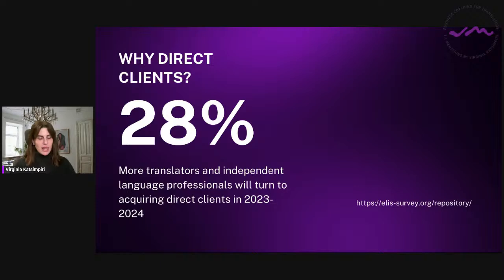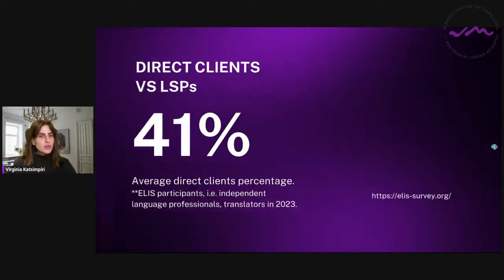Everyone actually focused on AI and technology and how this is going to affect us. But one statistic attracted my attention in a positive way: 28% more translators and independent language professionals will tend to acquire direct clients in 2023-24, which means they have already understood that in order to create a sustainable business, they need to start attracting and gaining more direct clients, because let's face it, so far only agencies and translation companies have integrated AI in the translation processes. Let me know your opinion. I would be very curious to find out.